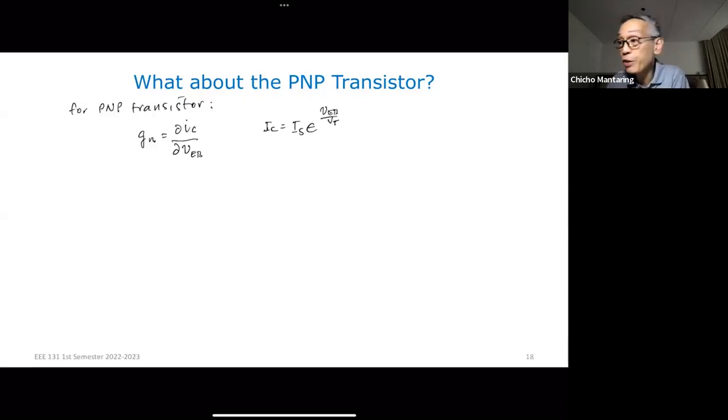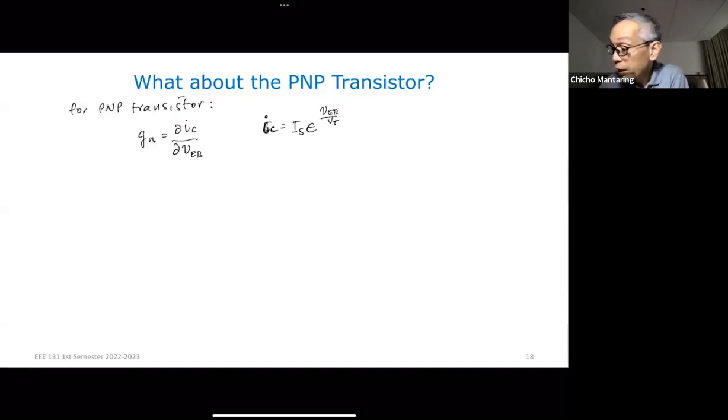And then the directions of current will also become opposite that of the NPN transistor. Okay, if I try to evaluate, sorry, I should have used a small i sub C, to be consistent here.